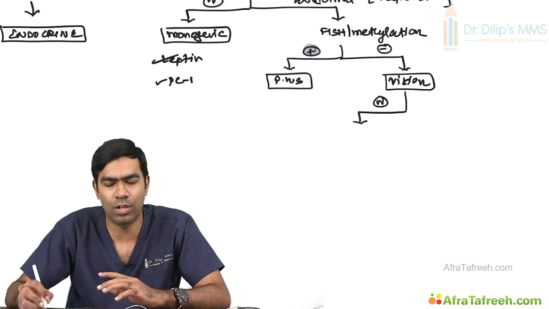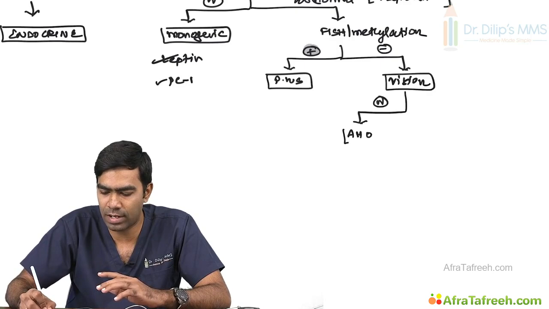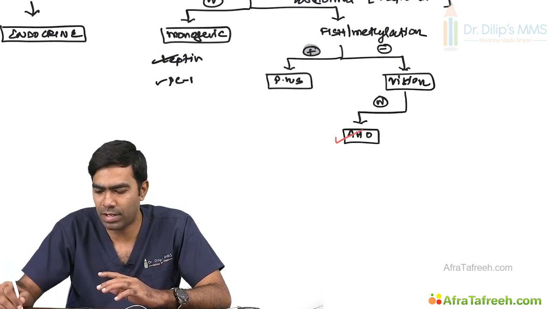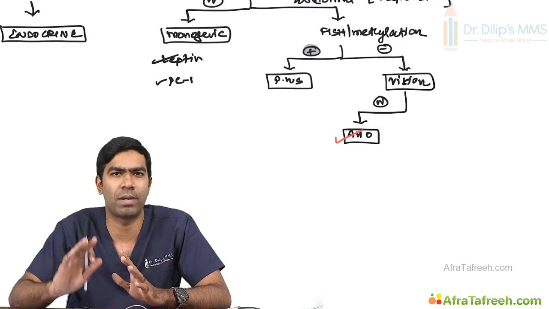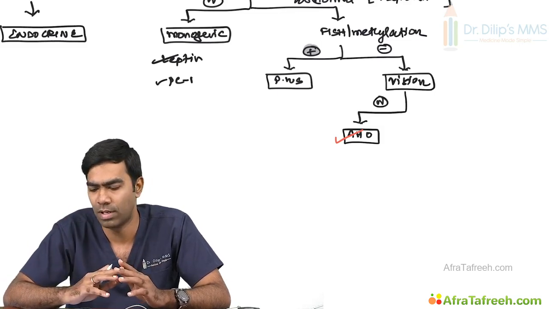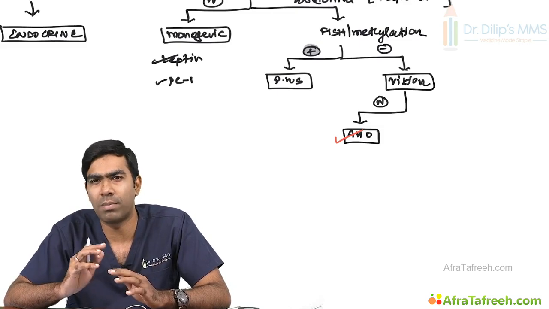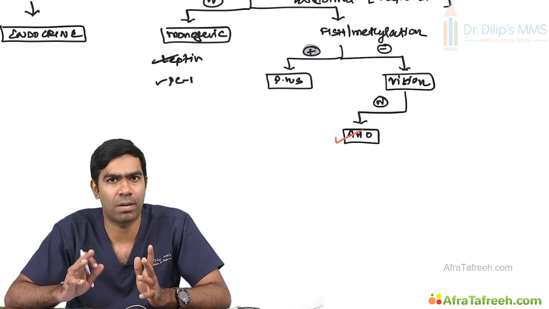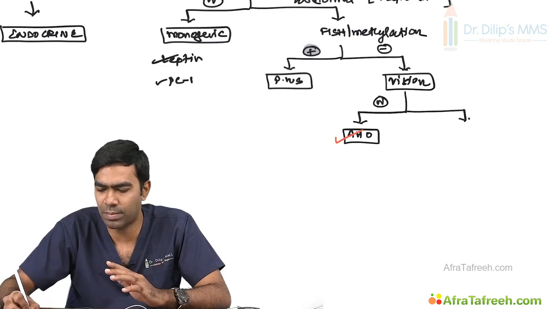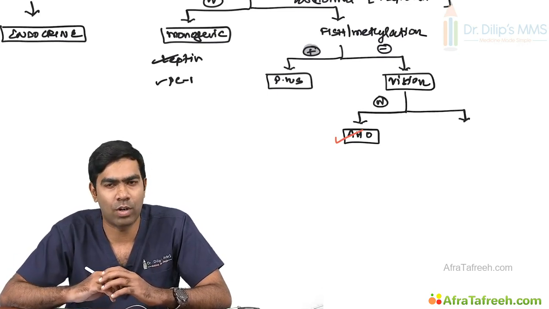If vision tends to be normal, think about Albright's hereditary osteodystrophy. It will have many biochemical features like pseudohypoparathyroidism, or multiple other features like brachymetacarpia and brachydactyly, which tell you clearly that the patient has AHO-related obesity.